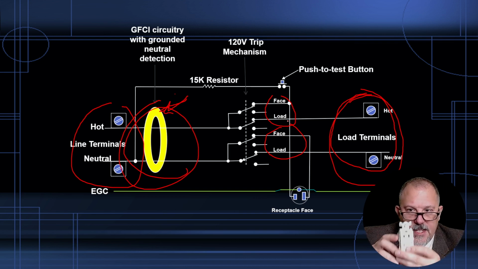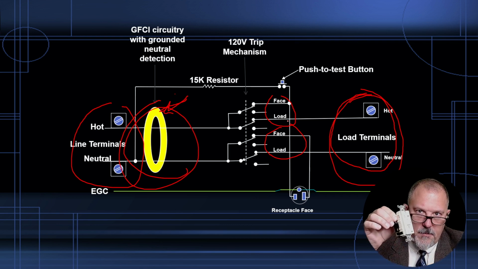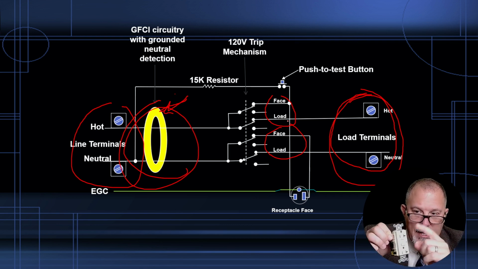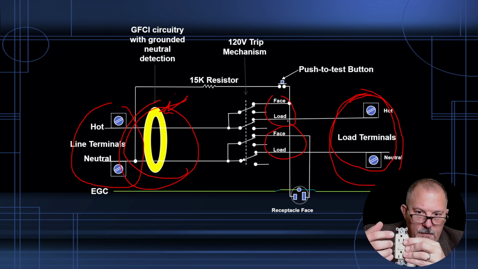So the GFCI protection is provided for everything that's connected downstream on the load terminals and everything that's protected on the face through whatever is plugged into the face of this receptacle.